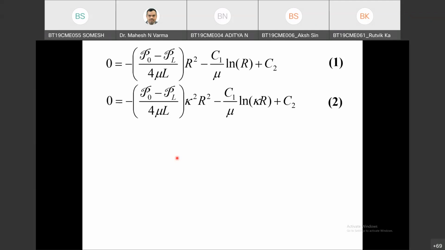What exactly are you telling? I'm not getting it. Sir, what no slip boundary condition means is that the liquid's velocity will be the same as that of the solid. Here the solid is at rest, so the first layer will have zero velocity.